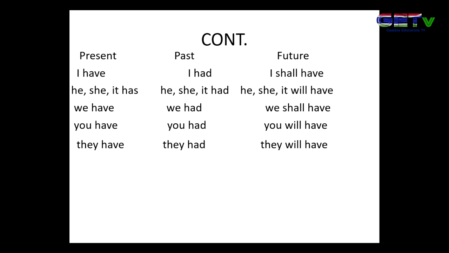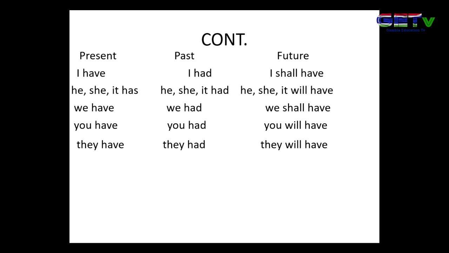The verb to have, H-A-V-E. You have the present, the past, and the future. I have. Past, I had, for example yesterday. Future, for example tomorrow, I shall have.